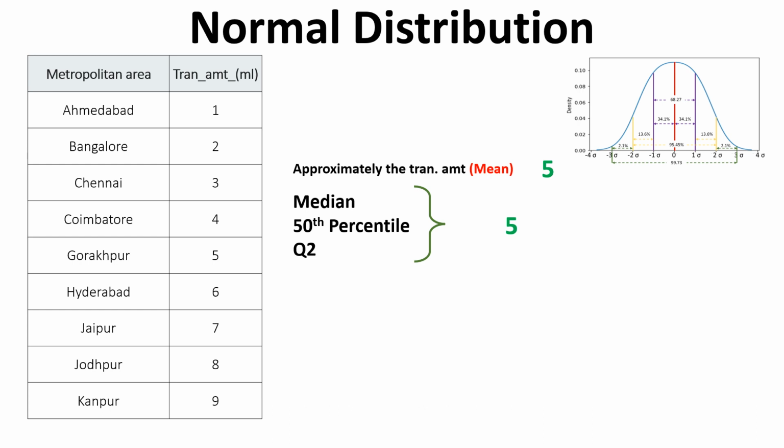So when the data is normally distributed, the mean value is equal to the median, 50th percentile or quartile 2. That's going to be the same. So by looking at this, you can say that 50% of the data is above 5 million and 50% is below 5 million.